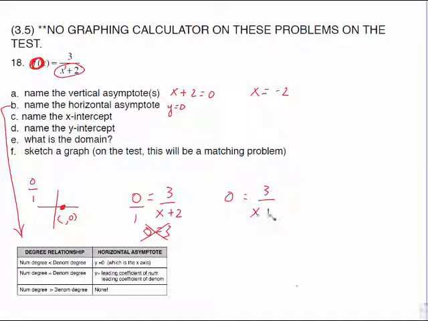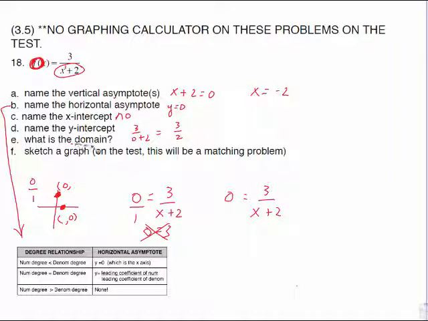There is no way 3 over anything is going to give me 0, which tells me there is no x-intercept. That's entirely possible. The y-intercept is somewhere along this axis, and the x value is 0. So to find the y-intercept, you put 0 in for x and evaluate. That's 3 over 0 plus 2, which is 3 over 2. So there is no x-intercept, and the y-intercept is 3/2 or 1.5 if you want.